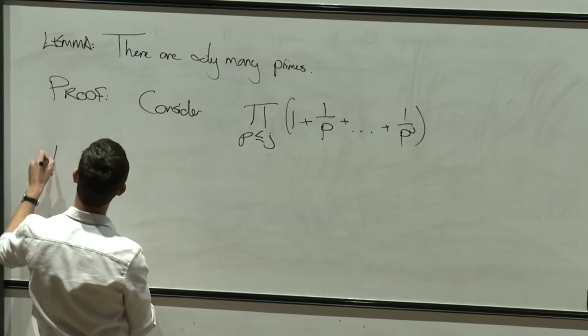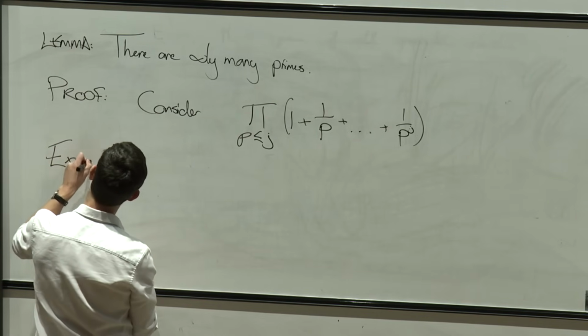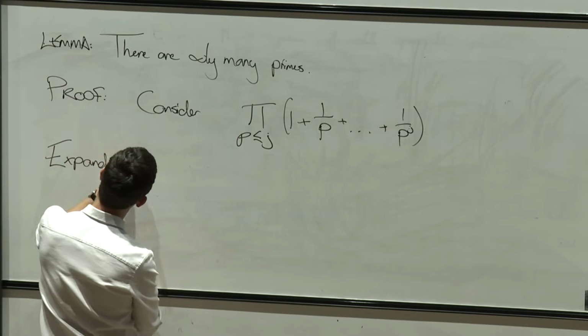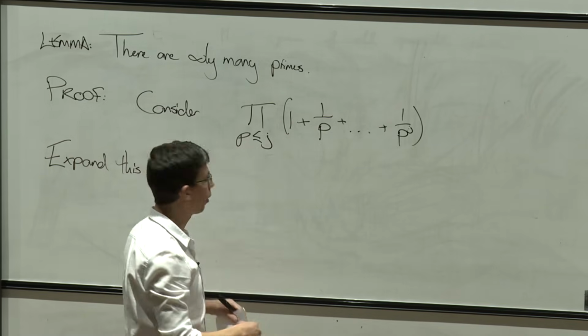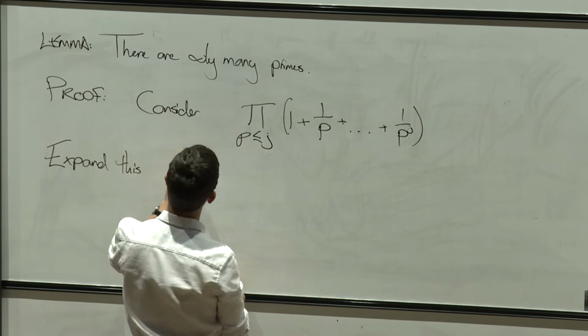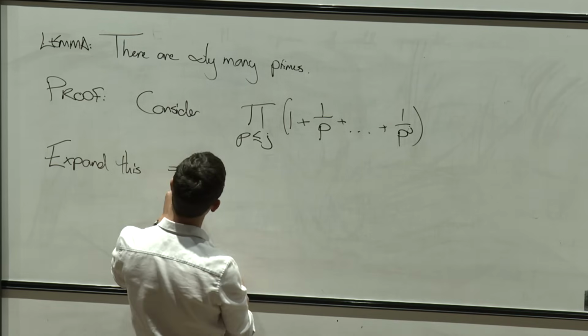We can expand this by just multiplying out all of these finite number of products and then grouping terms together.